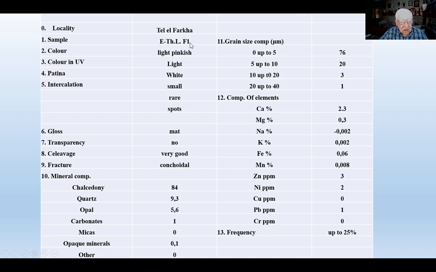This means this is a flint present slightly above the contact between Theban limestone and Esna shales. And there are main components present in percents and trace elements present in ppm. These analyses were made using atomic absorption spectroscopy.